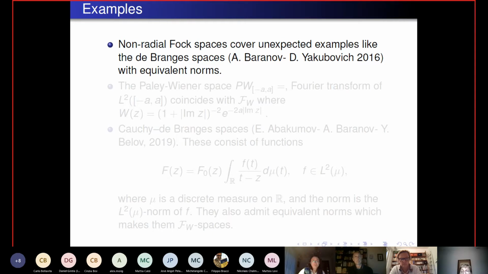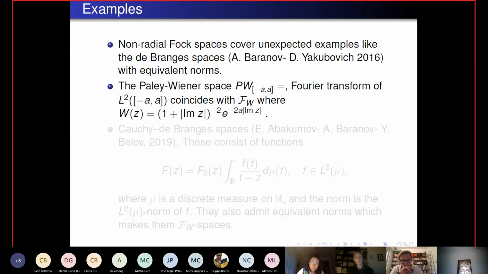So, for example, the Branges spaces are also Fock spaces. The weight is not radial, except the only difference is you have to use an equivalent norm to make them Fock space. This was found by Anton Baranov and Dmitry Yakubovich very recently, in 2016.